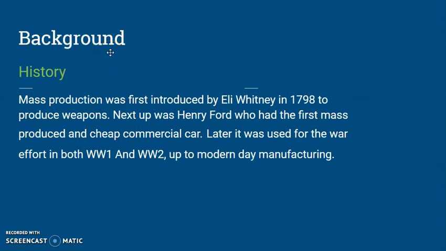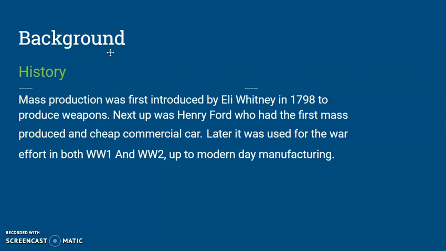The background behind this: mass production was first introduced by Eli Whitney in 1798. He used this to refine the seeds out of cotton fibers. Next up in the widely accepted popular lineup is Henry Ford, who had the first mass production of automobiles.